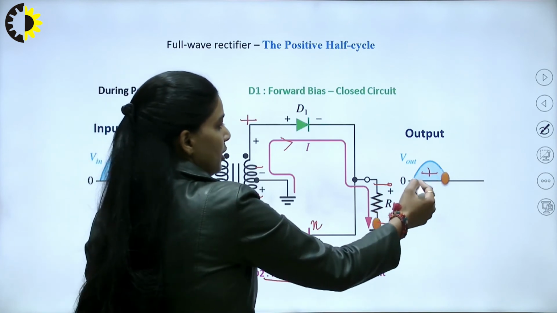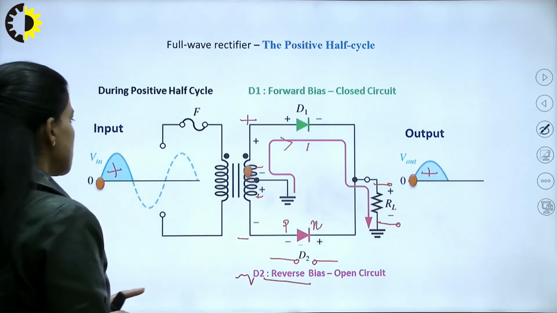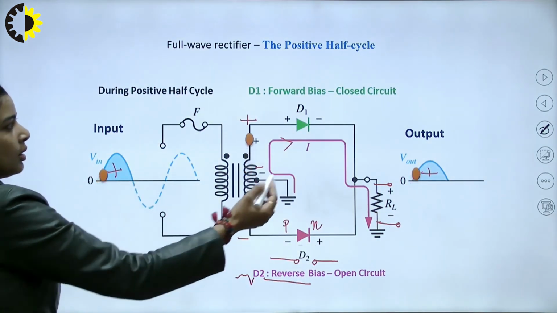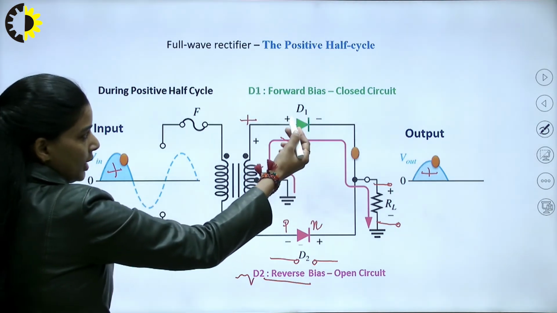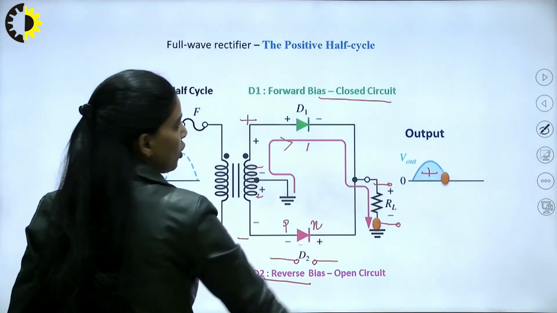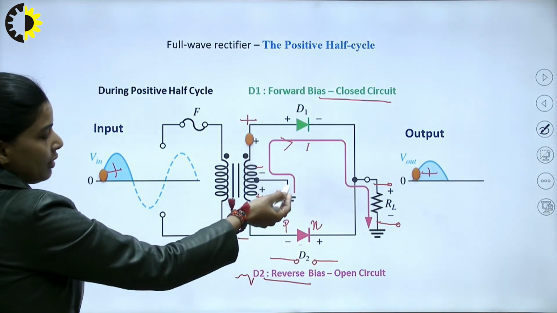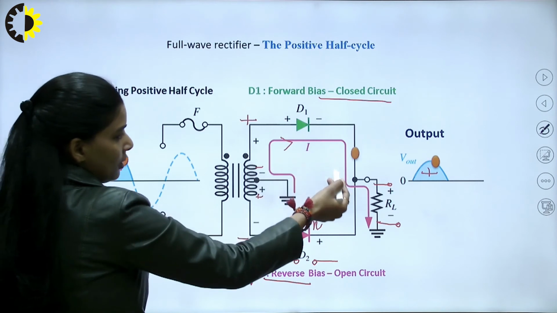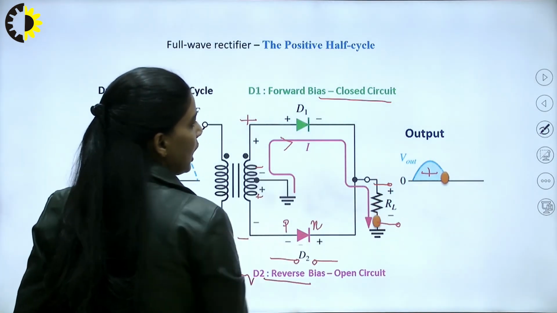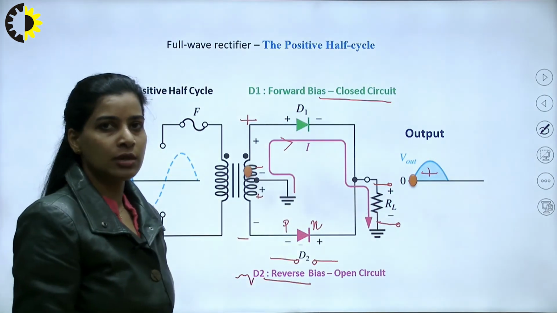That is represented here. So, for the positive input cycle, diode D1 conducts, it is acting as a closed circuit, diode D2 is open. So, the current will flow through this path and we get the output for the positive cycle.